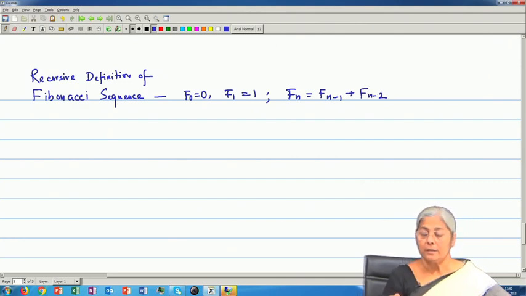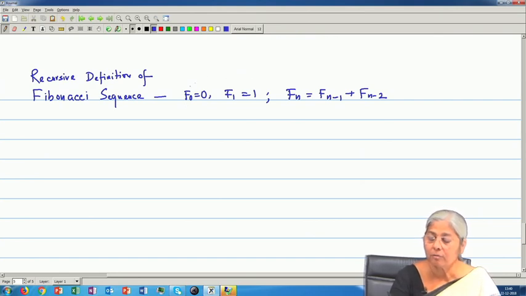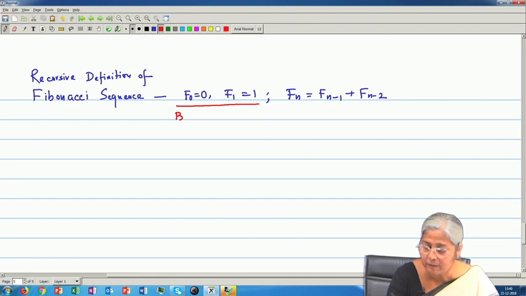Now, if we change only the basis step, this is my initial condition or the basis step of the sequence.